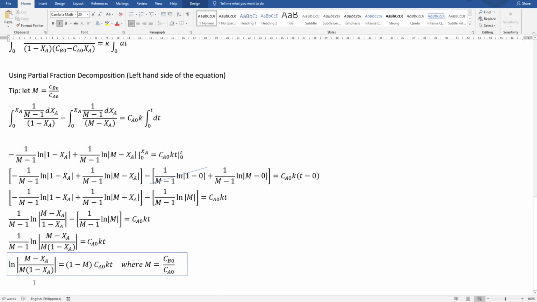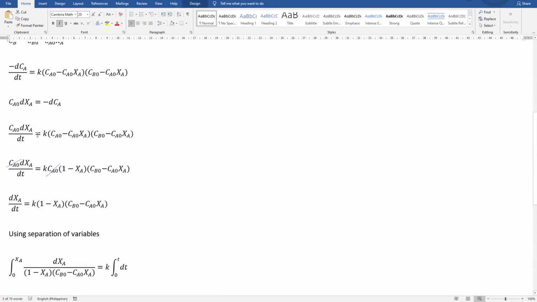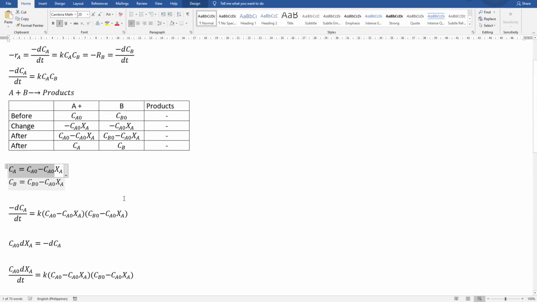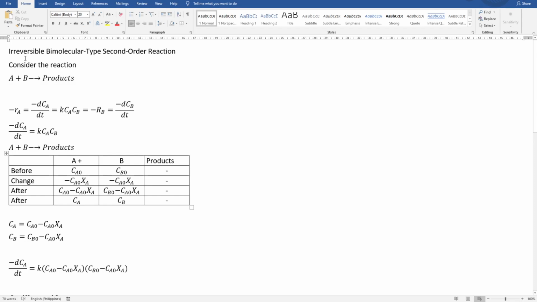If we further manipulate this equation, it becomes, so there, after further manipulation of this equation using CBO and also using these two equations, we get all of these equations that we could use for this type of reaction.